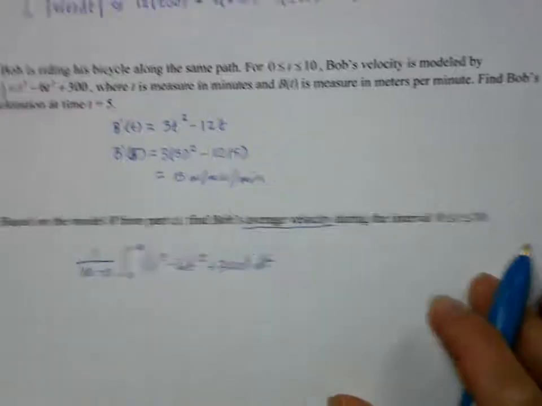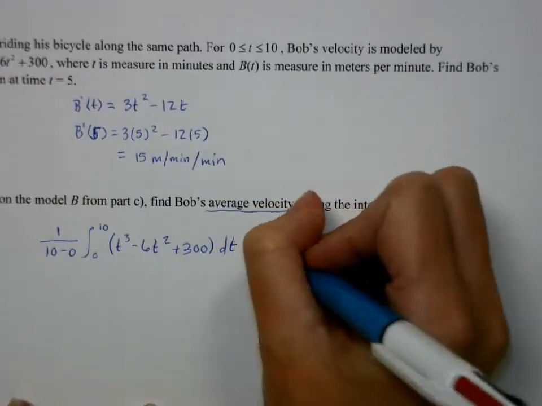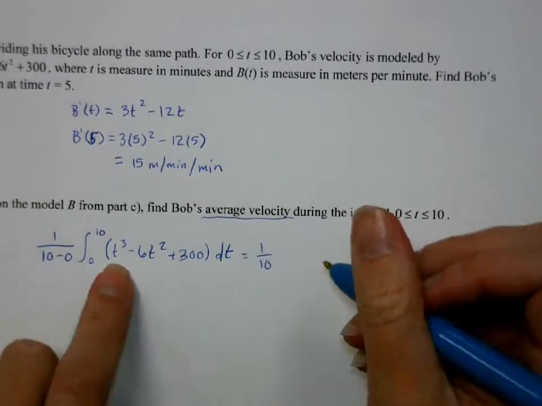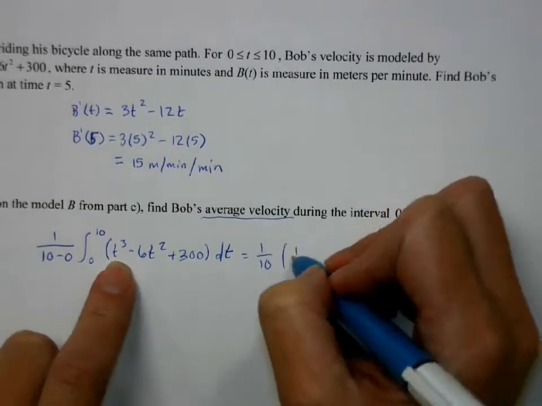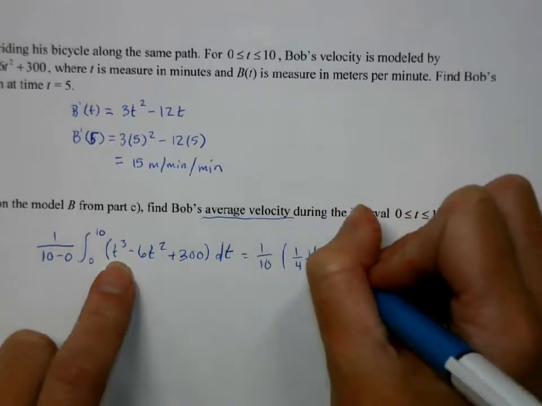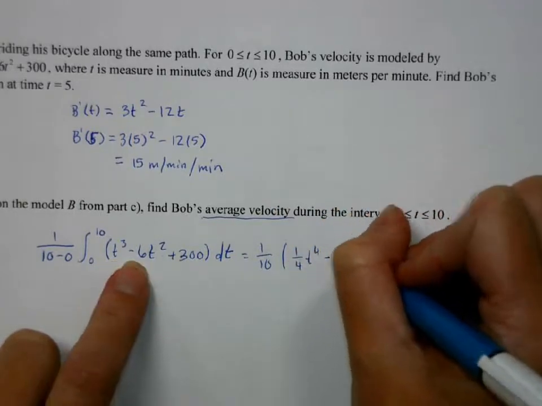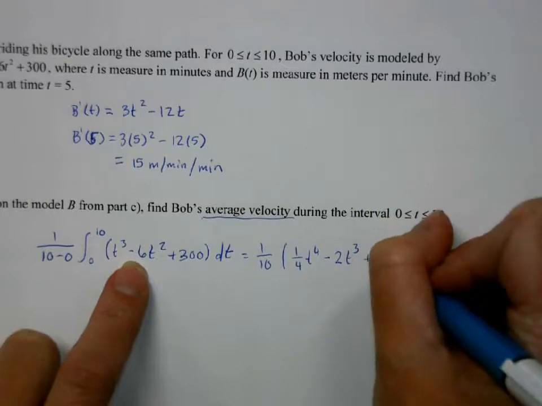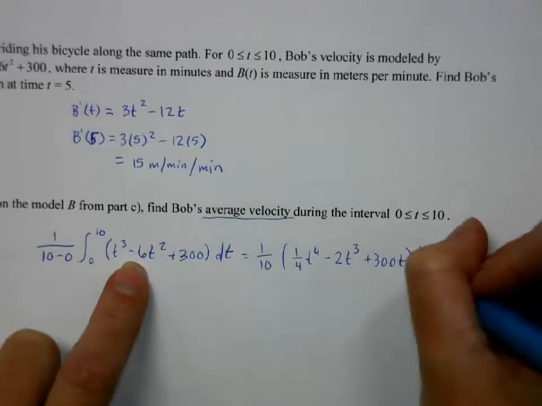Okay, so we're going to have 1/10. Then we're going to integrate this. So 1/4 t to the 4 minus 2t cubed plus 300t evaluated from 0 to 10.